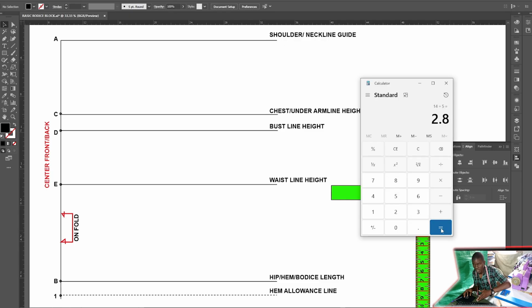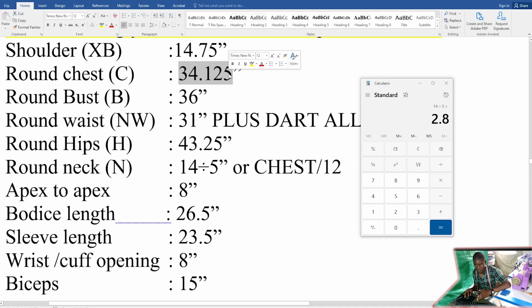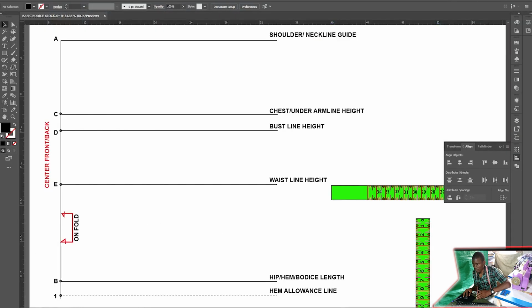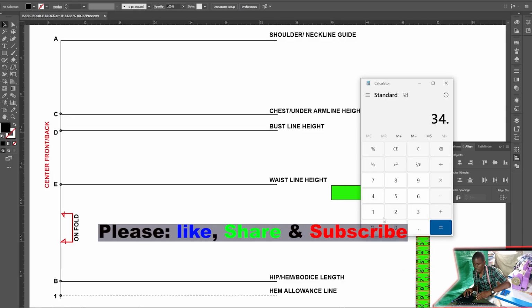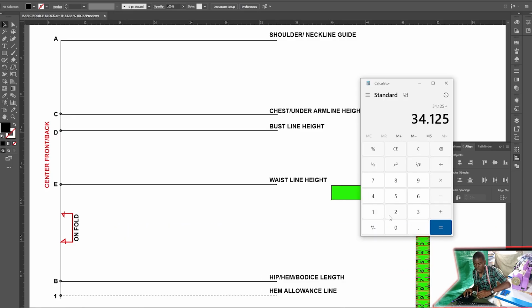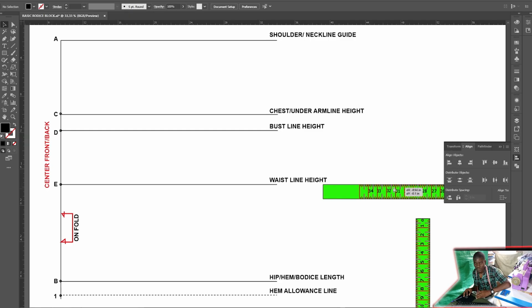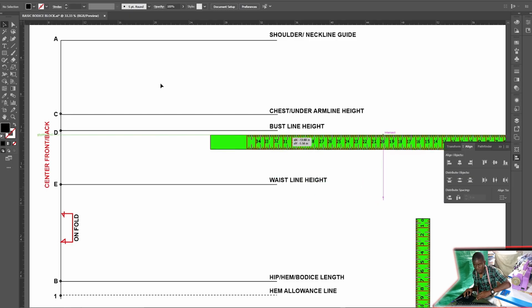If I go with the round chest divided by 12, our round chest in this tutorial is 34.125, divided by 12, still giving us 2.84375. So I will just ignore the rest, then I go with 2.8. Now from A, I measure inwards my 2.8 inches like this.